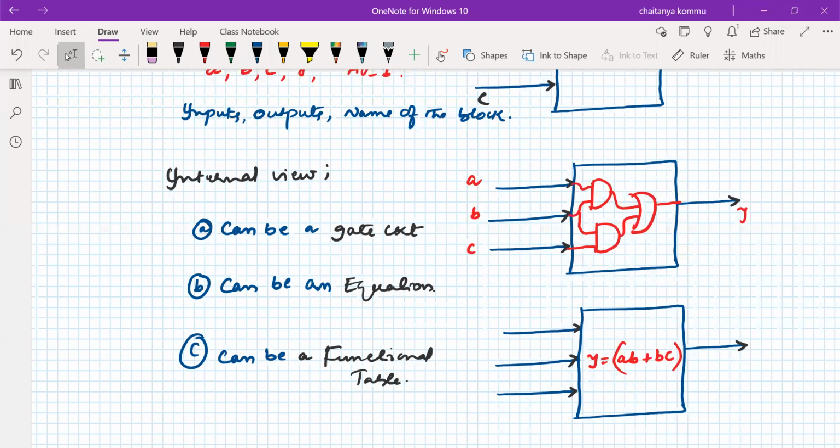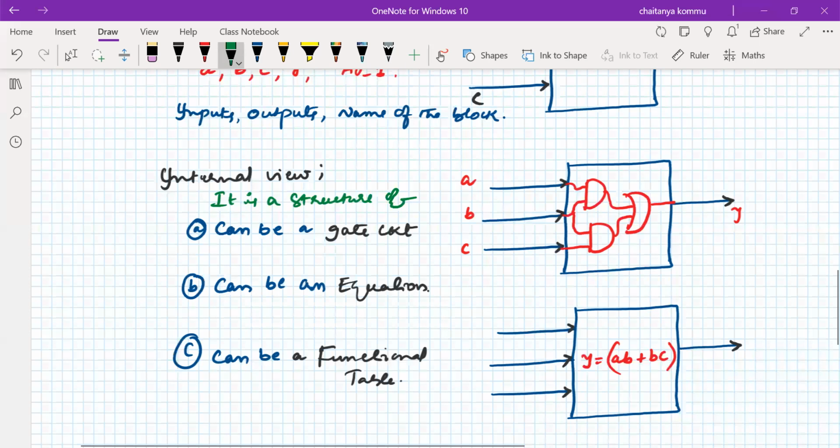It always tells the structure of the logical circuit. Therefore, what I can write here is that it is actually a structure of a digital circuit.